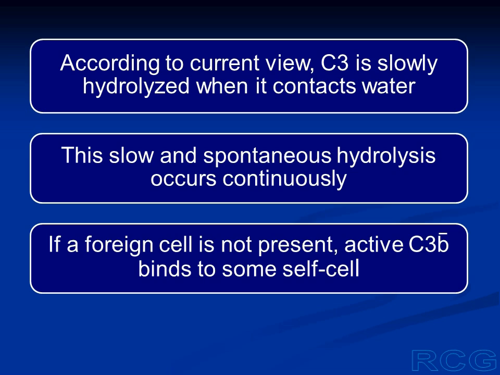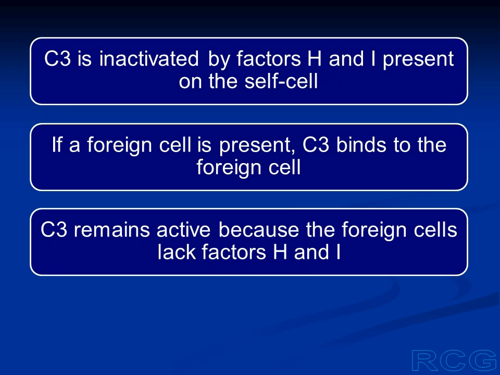This active C3b will bind to some self cell if a foreign cell is not present. If a foreign cell is present, like a bacterial cell, this active C3b will bind to the foreign cell. But if no foreign cell is present, then it will bind to some self cell. And when it binds to a self cell, it is inactivated by factors H and I, which are present on the self cells.